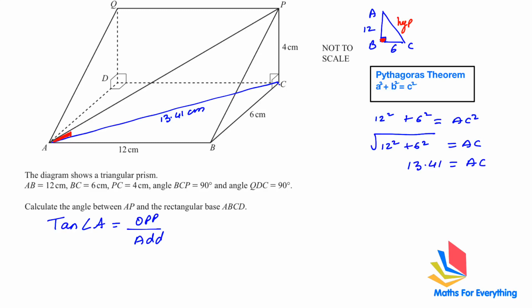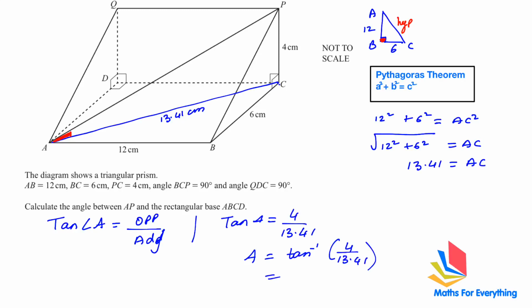We just have to replace the values that we have now. So tan A is equal to 4 over 13.41. To find the angle, we are going to do tan inverse 4 over 13.41, and the answer is 16.6.